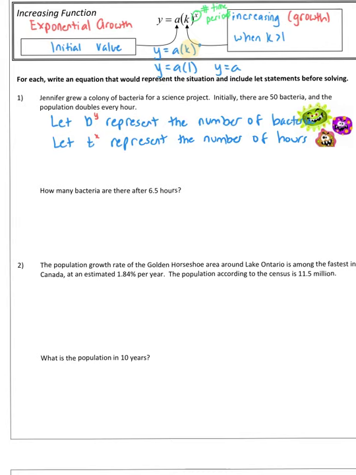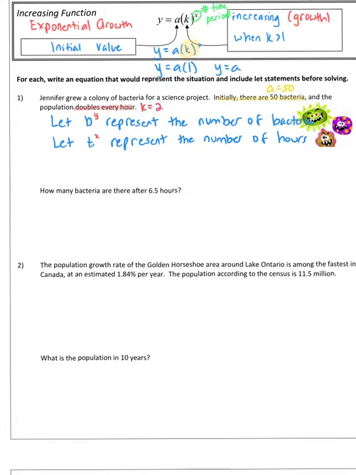In the question, you will always be given information to identify your a value and your k value. Here we are told there are initially 50 bacteria, so that's telling us our a value is 50. And then we are told that the population doubles every hour, so that tells us our k value is 2.